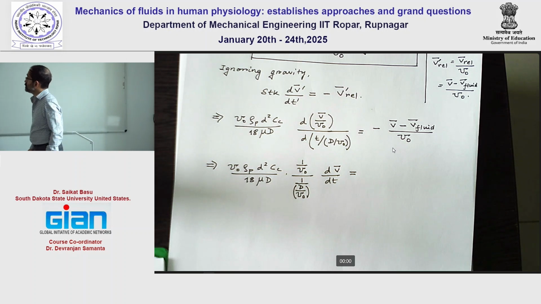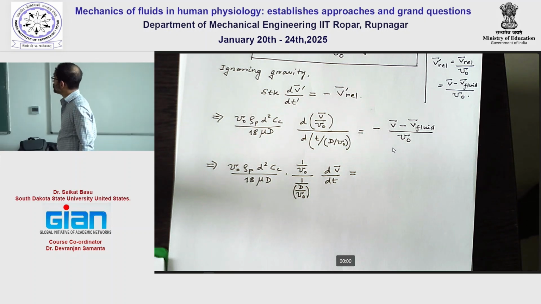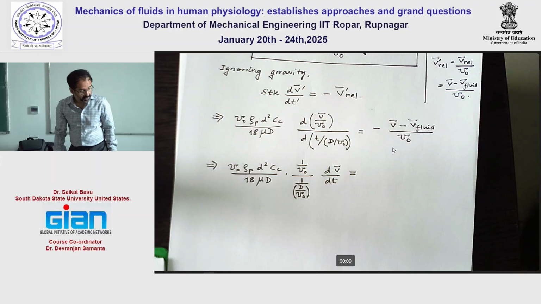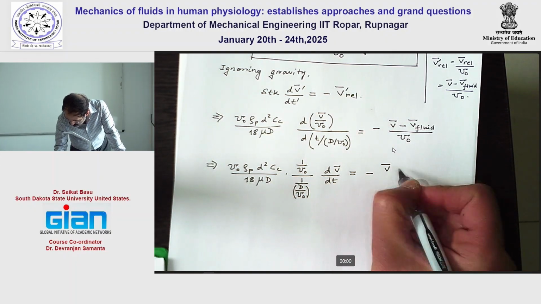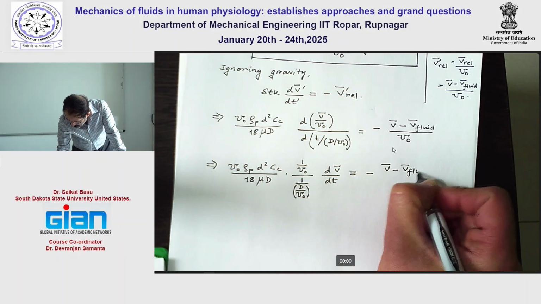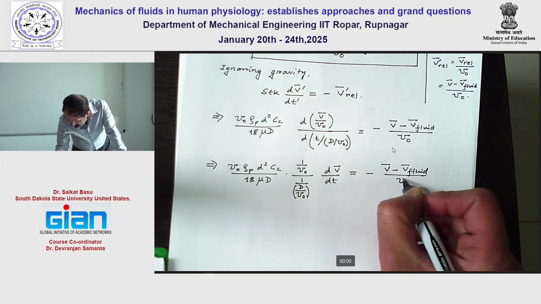So I'm taking the cofactors within the differentials out, and this is equal to the same as before, minus v bar fluid by u naught.